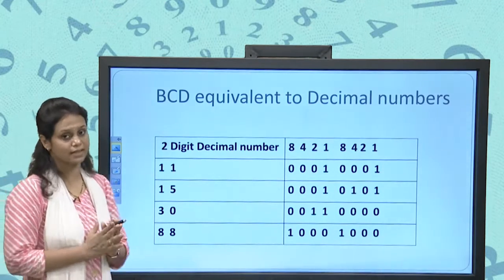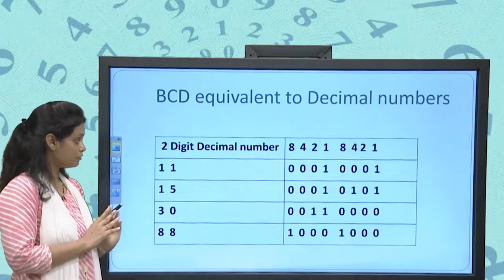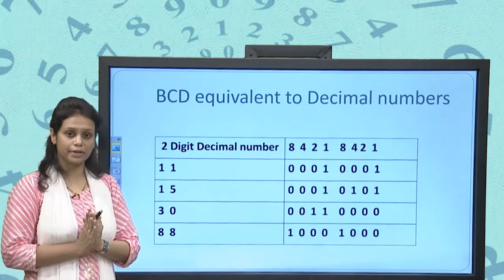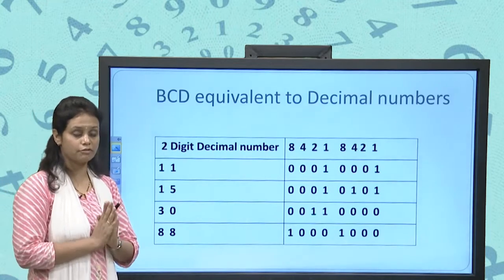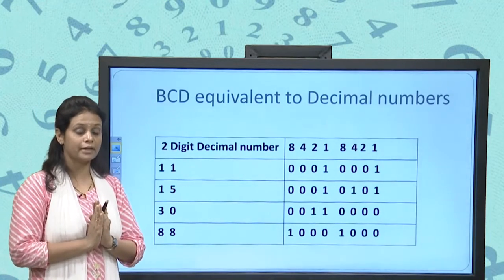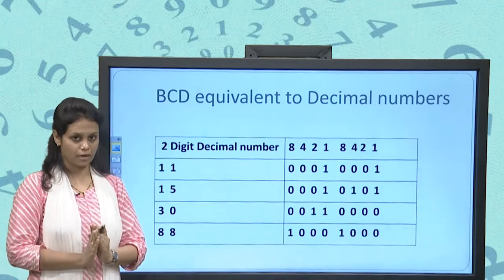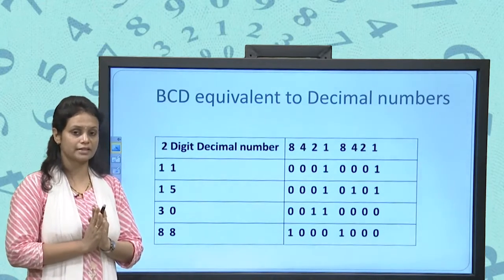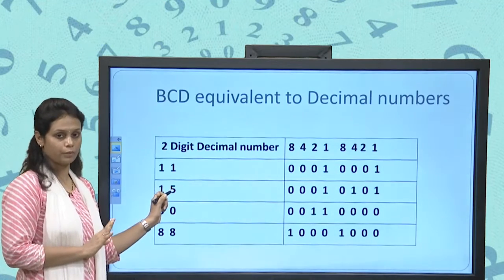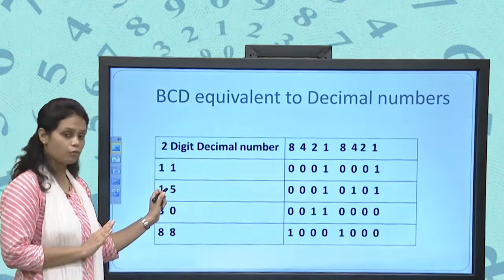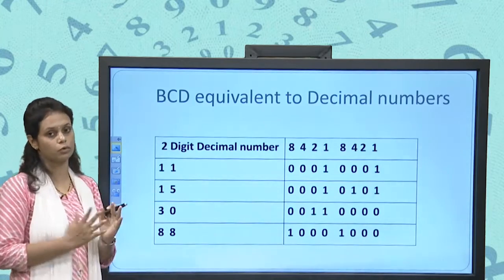Now we will see what happens when we convert this 15 to binary coded decimal, okay. Again we have to use a 4-bit number for each and every digit. To represent the 5 we have to use 4 bits, and for representing the 1 we have to use 4 bits.